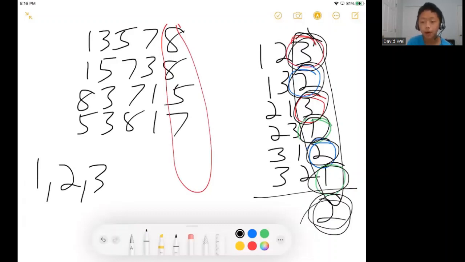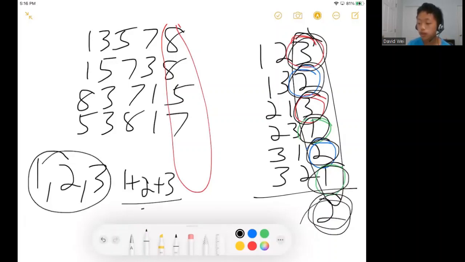Because there's nothing special about 1, 2, or 3. They're all digits, so it makes sense that all of them get equal representation. They all appear the same number of times. So that's why the average of the numbers 1, 2, and 3 is 2, and that's how we get this average of 2 in this units digit.